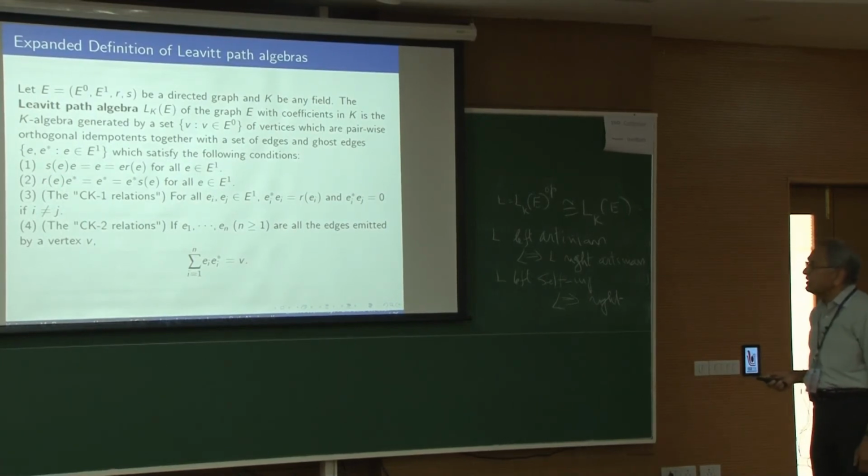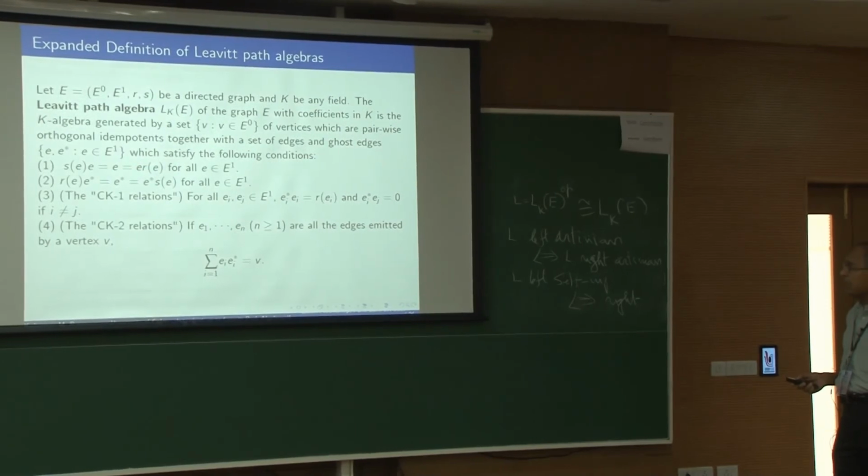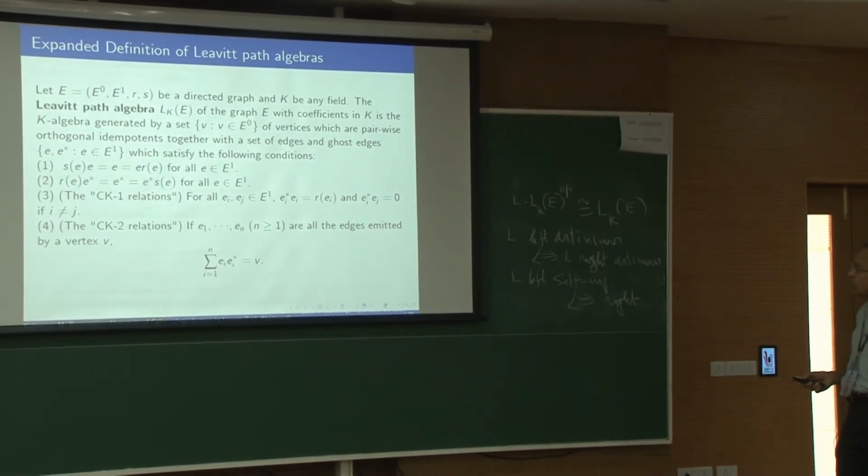The source of an edge times the edge is e, the edge times the range vertex is also e, and a similar thing for the ghost edge.